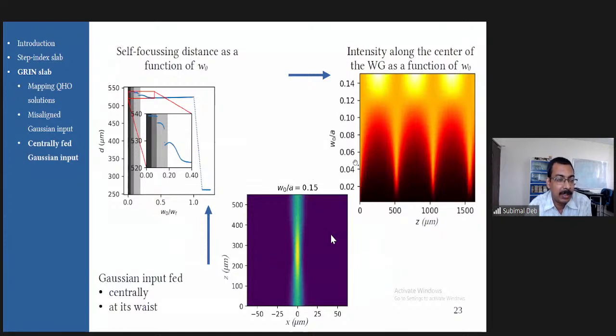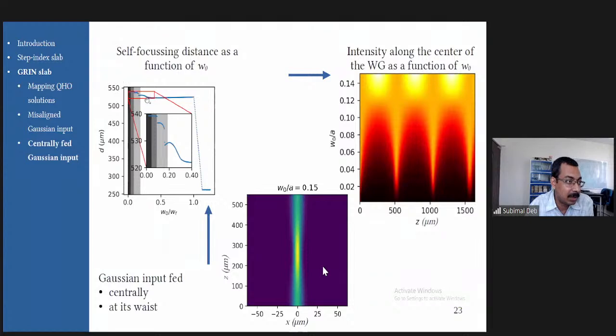And as I change the width of the input beam, I find that the peak position, that is this position, shows a sudden shift from this line to this line. We have calculated that, and this is the kind of plot we find. The position of the peak, the position of the self-focusing point, changes with the width of the input beam.